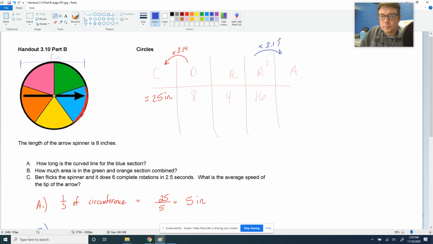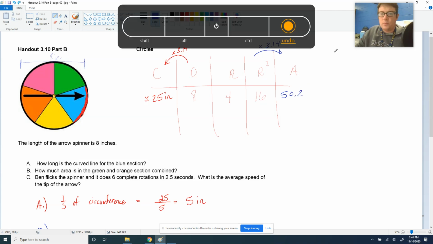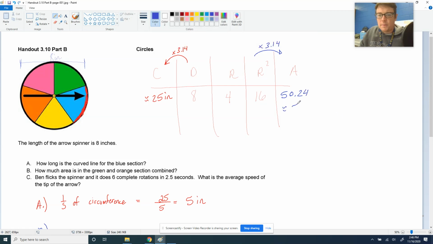So when you multiply 16 times 3.14, that gives us 50.24. We're going to approximate that as about 50 inches squared. Okay, about 50 inches squared.